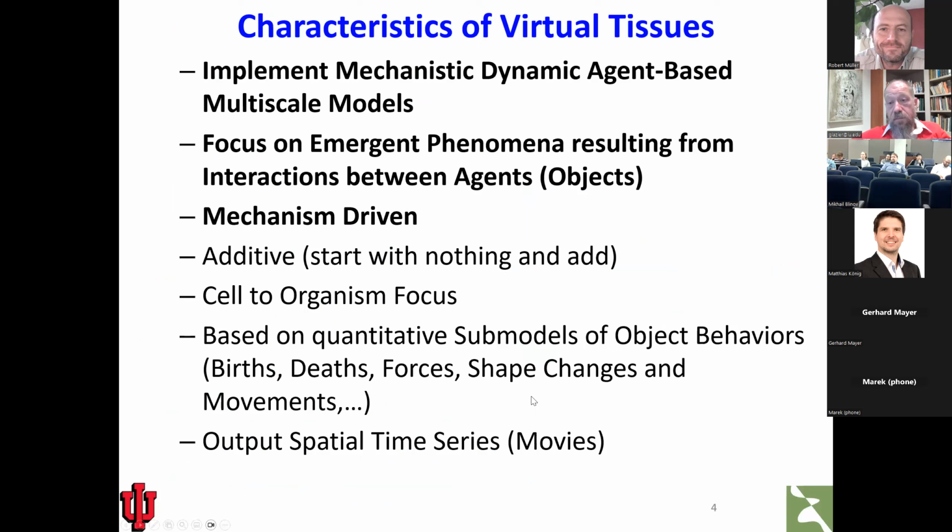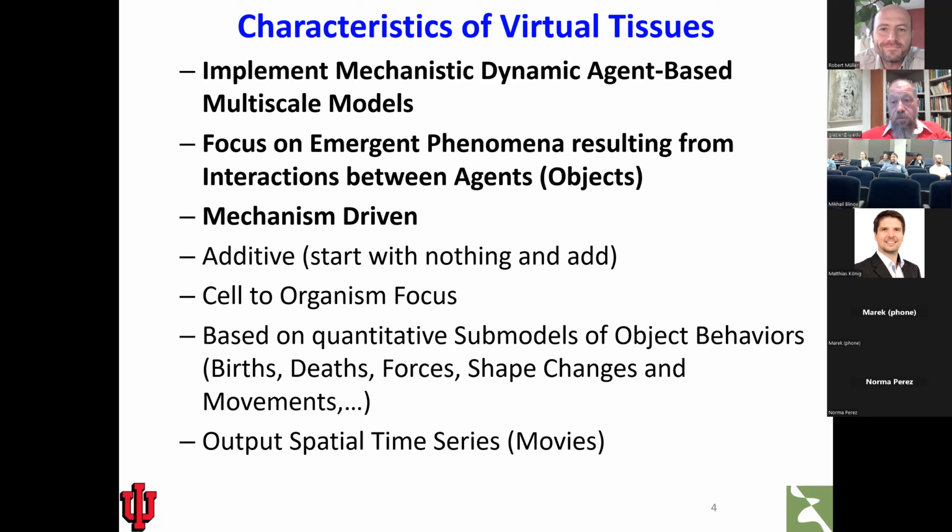There are a couple of fundamental characteristics of this kind of modeling, some of which are shared with network models. These are mechanistic agent-based models. They're multi-scale. The focus is on emergent phenomena resulting from interactions between agents. They're mechanism-driven. They're additive. We don't get anything for free in these models.